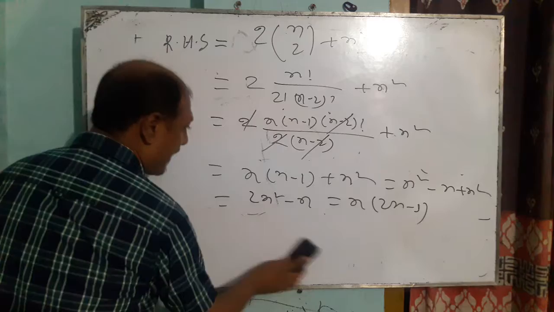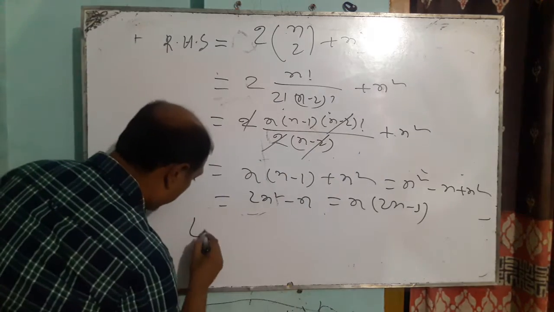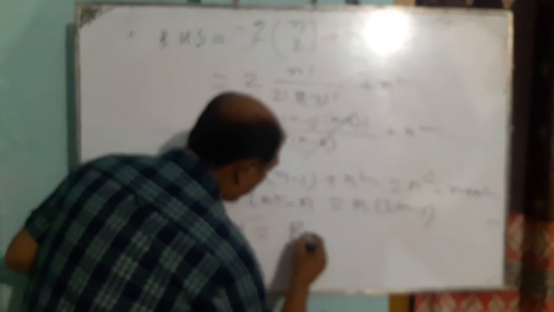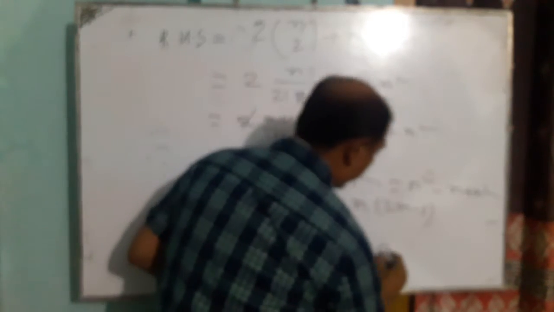Now from left side and right side, left side is equal to right hand side. Proved.